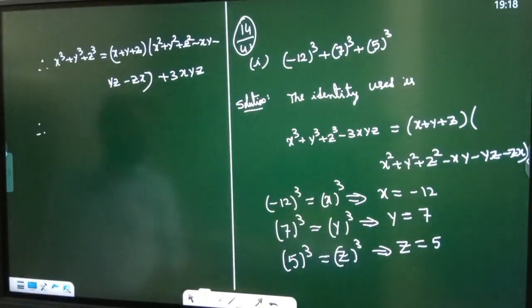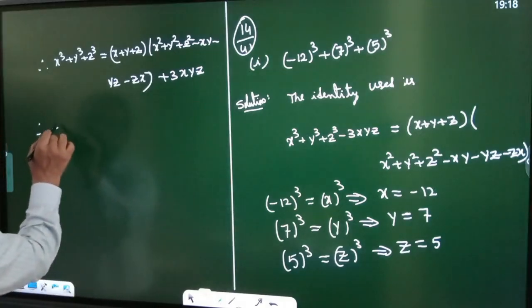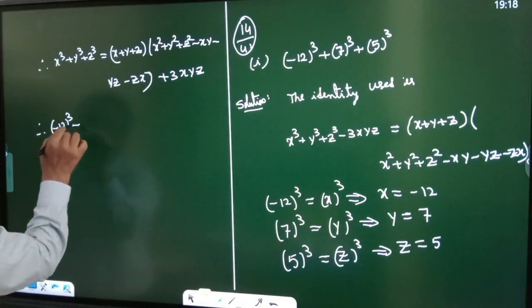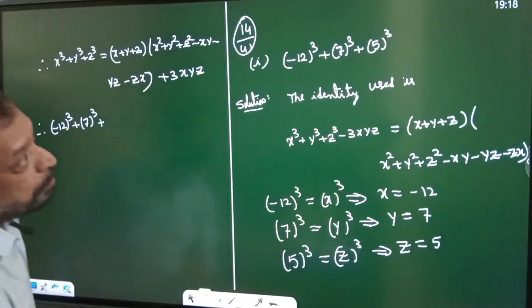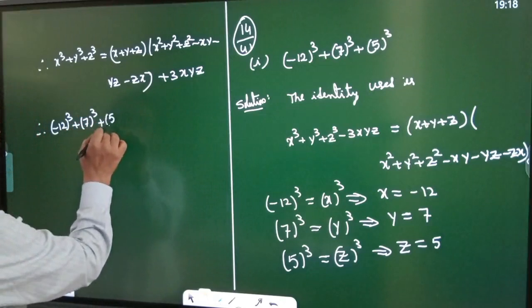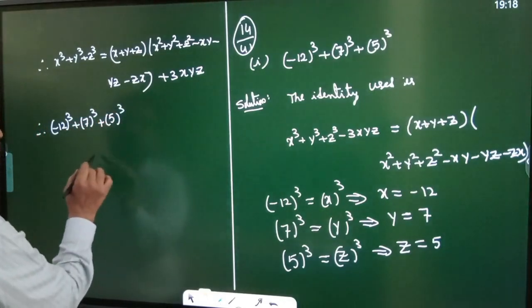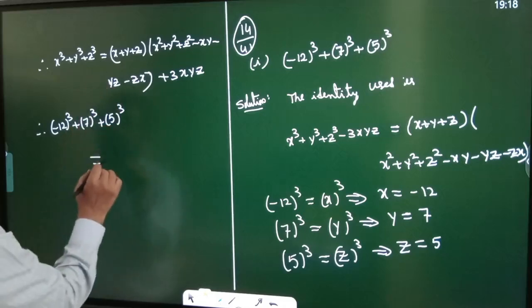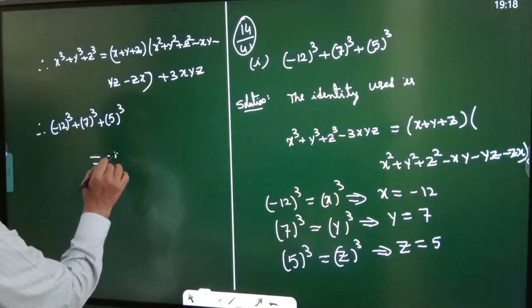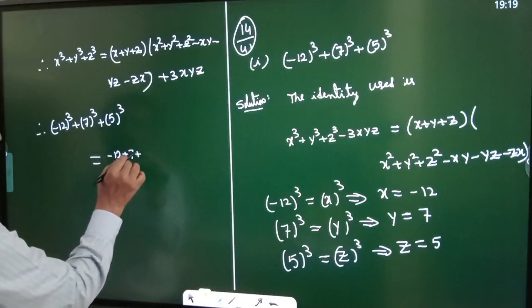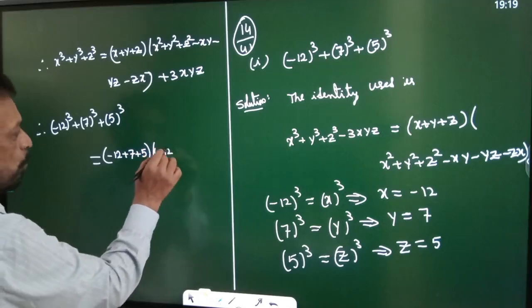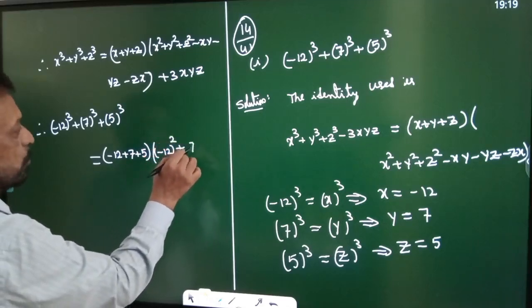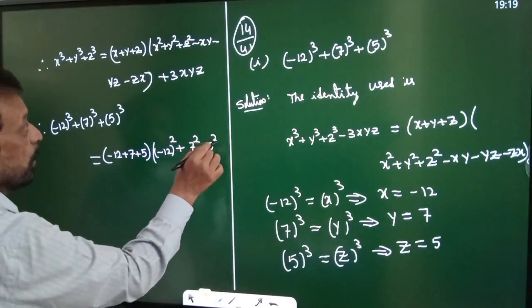Therefore, you can substitute it. What is the value of x? I again rewrite it. (minus 12) whole cube plus 7 whole cube plus 5 whole cube is equal to (x plus y plus z), that is minus 12 plus 7 plus 5, into (minus 12 whole square, 7 square, 5 square).